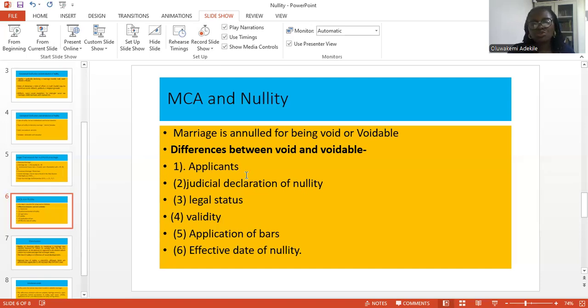Technically, you don't need to go to court to declare it null and void. For instance, in the example that I gave, where a man is already married, that marriage to Mrs. B does not exist in the eye of the law, because the man does not have the capacity, with the subsistence of a valid statutory marriage between him and Mrs. A, to go and conduct another marriage with Mrs. B. So you may not even need to come to court to declare it a nullity, although for the purposes of evidence, you would usually come to court and obtain a decree of nullity.